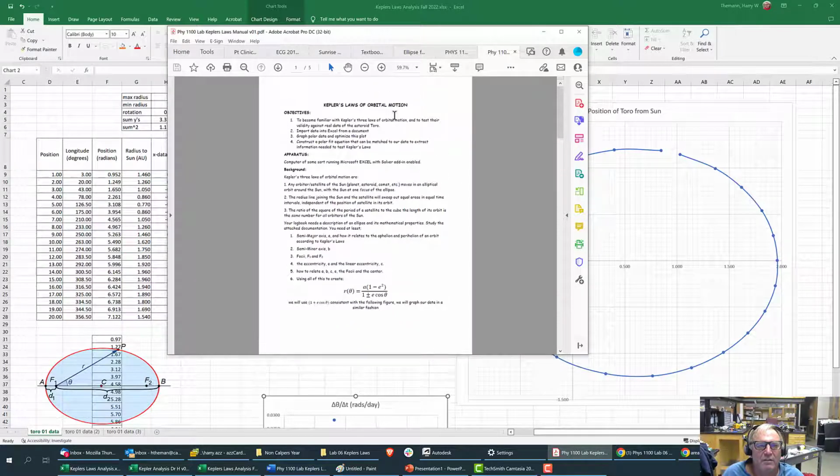I wrote out much better objectives, much better backgrounds. So I would encourage everybody to take a look at this. In future, you will be using this manual. I have posted this for the fall 2022 people.